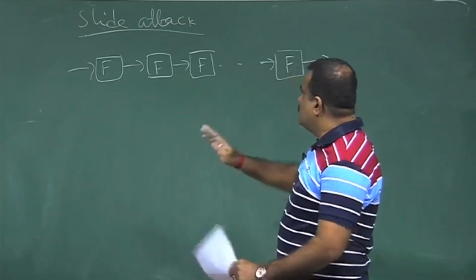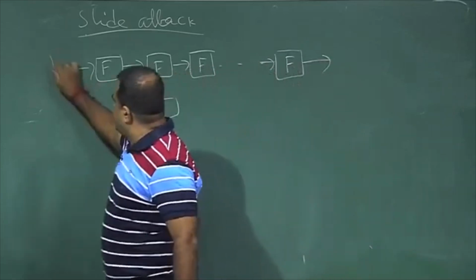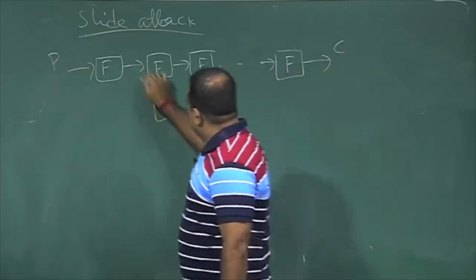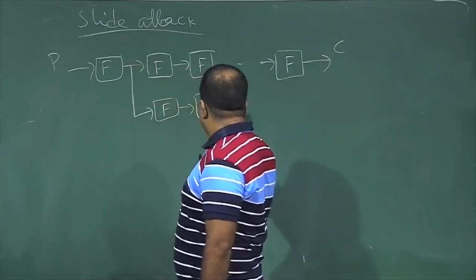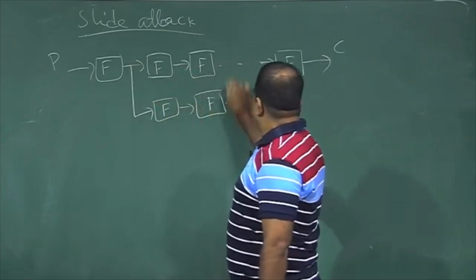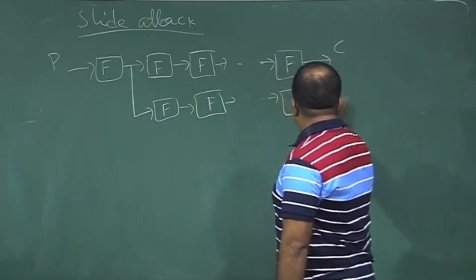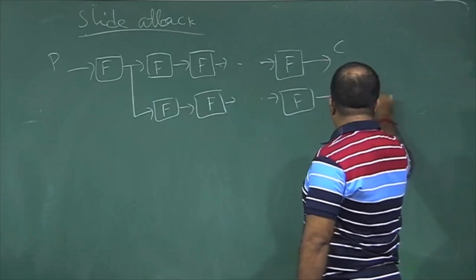Now, what do we do? We slide this by one position. Suppose this is P and this is C, plaintext and ciphertext. Now, we take this as a plaintext over here. We slide this structure by one position, so another f must be there.